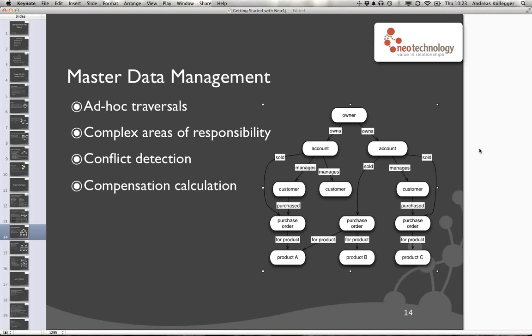Customers have purchases, etc. And with a graph, it's really easy to do ad hoc queries for finding out things like, if two salespeople have overlapping areas of influence in a geography, and there's some sales made there, how does the split actually happen for compensation? Or you can detect that there is a conflict between two salespeople who've managed to get contacts into the same organization, and they're competing for the same dollars. The graph makes it really easy to manage all these complex relationships that exist within a business in a way that's hard to do well with a relational database.